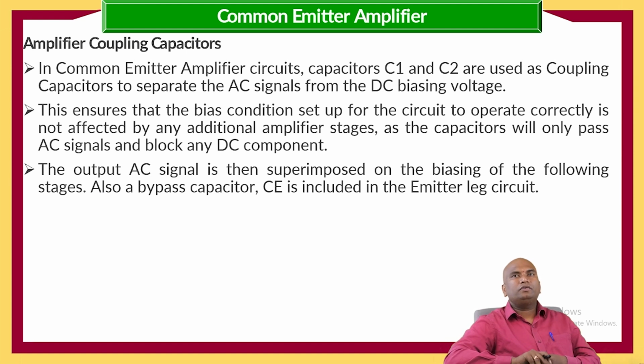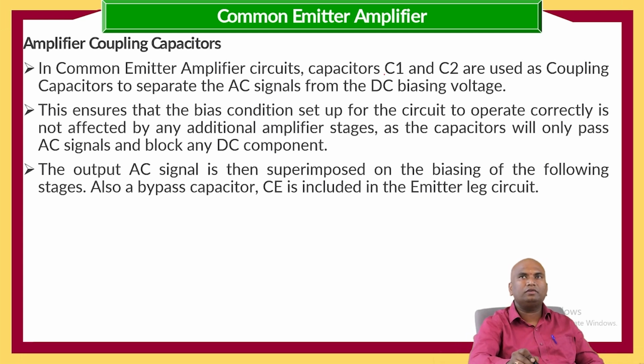Now we need to go with the coupling capacitors. In the common emitter amplifier circuit, the capacitors C1 and C2 are the coupling capacitors used to separate AC signals from the DC biasing voltage.